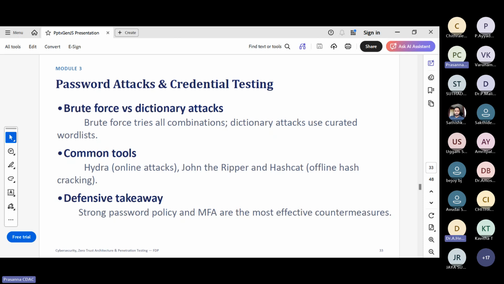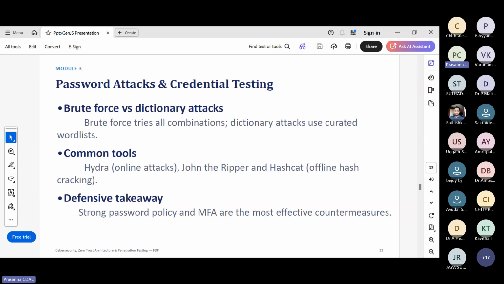See, normally, with password attacks, suppose you are having the password file. From Windows, the password file means where the password hash file is stored. Once the hacker gets into your system, he tries to find this file alone, take this file out of your system, and give it to these tools.